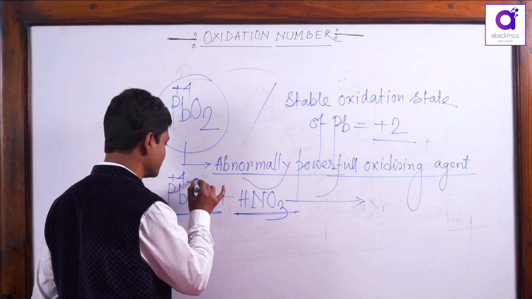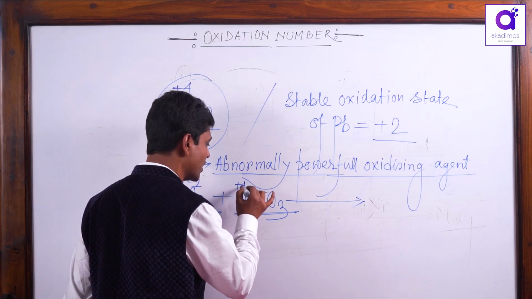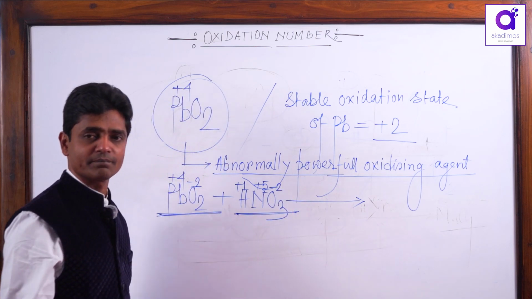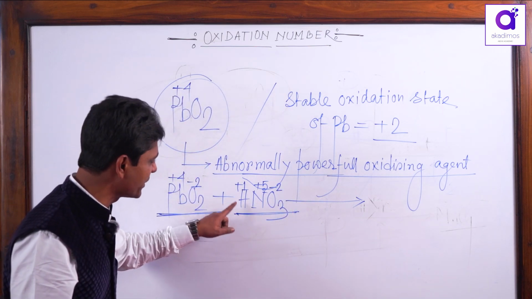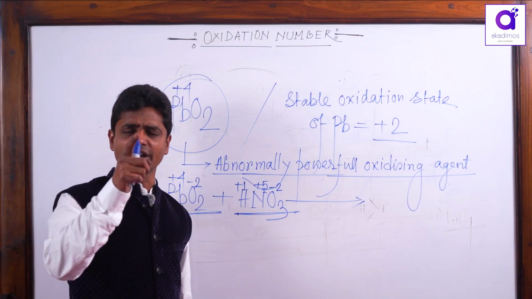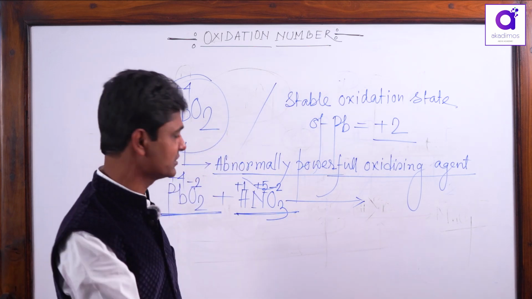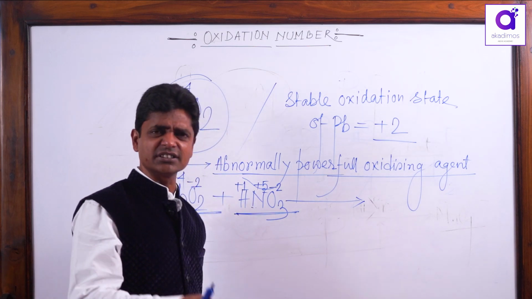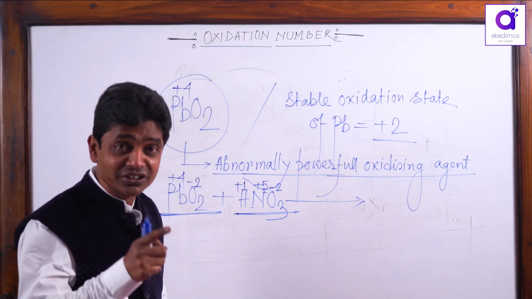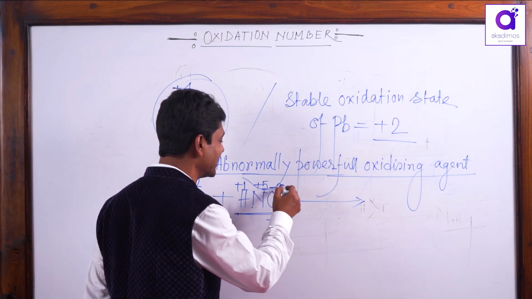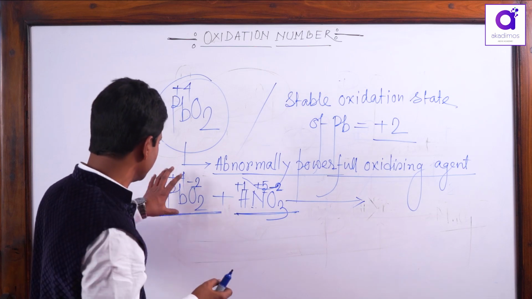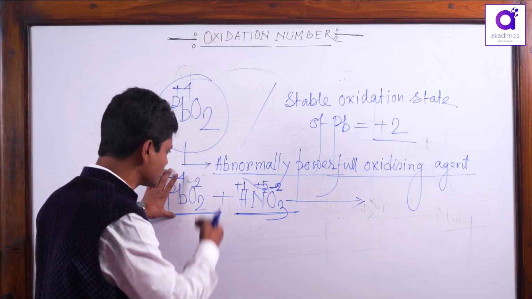Here oxygen is -2, hydrogen +1, nitrogen +5, oxygen -2 oxidation state. No question of further oxidation of hydrogen, since +1 is its highest oxidation state. No question of further oxidation of nitrogen, since +5 is its highest oxidation state. Only oxygen can oxidize. Since PbO2 is a very powerful oxidizing agent, it will oxidize someone.